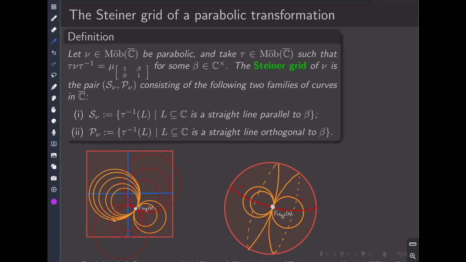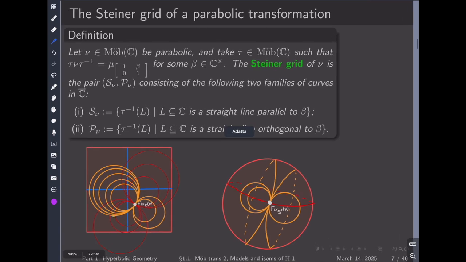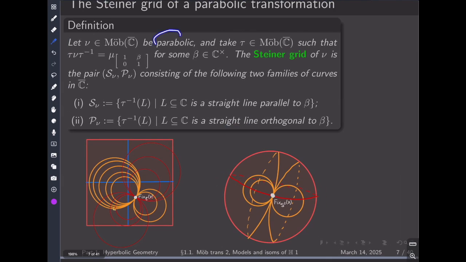So it is for a parabolic transformation, namely one with exactly one fixed point. I know it's conjugate to a translation. So let's say that I take tau in Möb C that conjugates it to a translation.